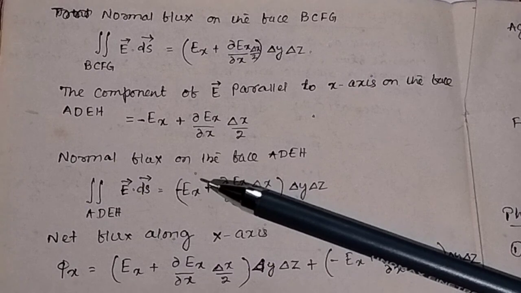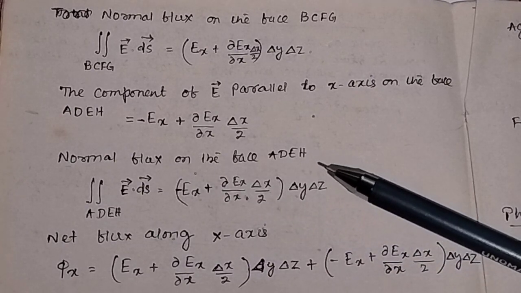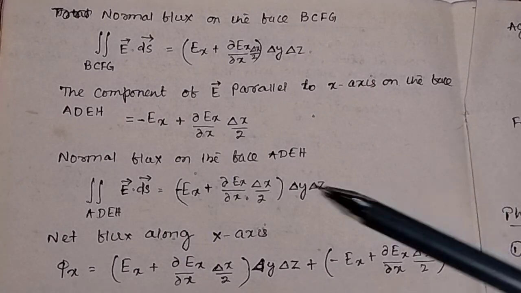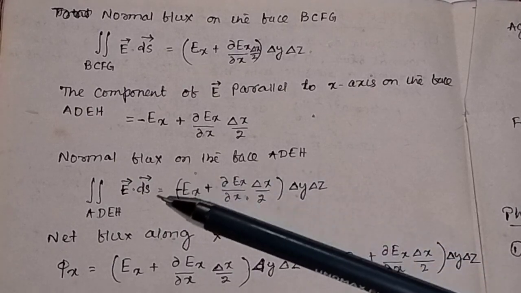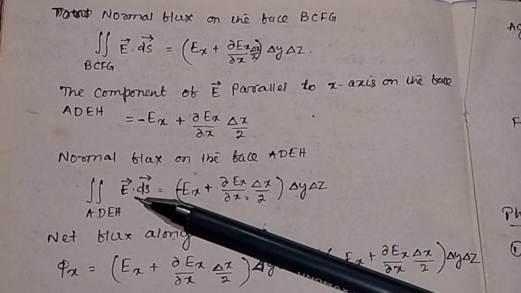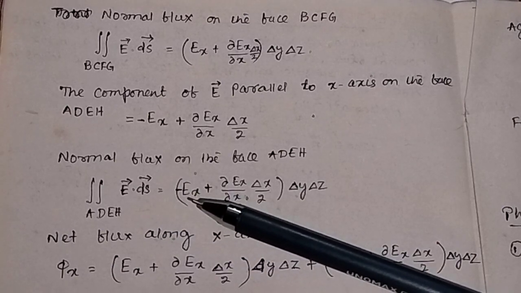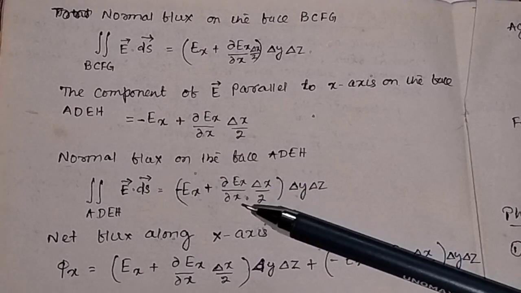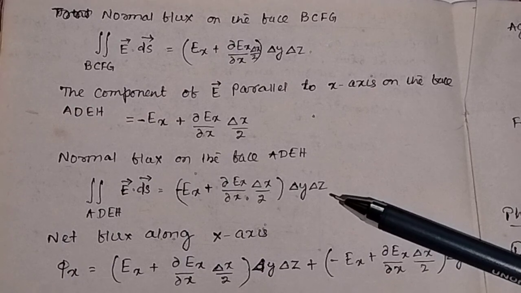So what will be the total normal flux on the face ADEH? ADEH means the opposite face of the x-axis, that is, the normal flux will be equal to the surface integration E dot ds, that is equal to minus Ex plus del Ex with respect to x delta x by 2, delta y delta z.